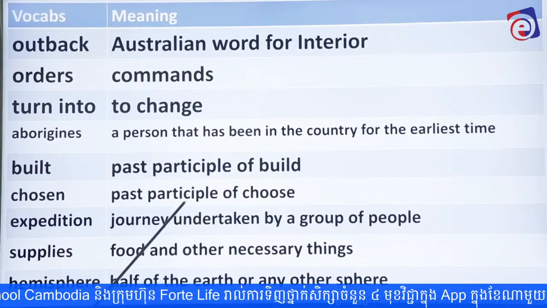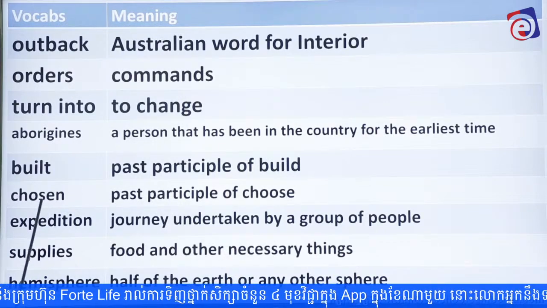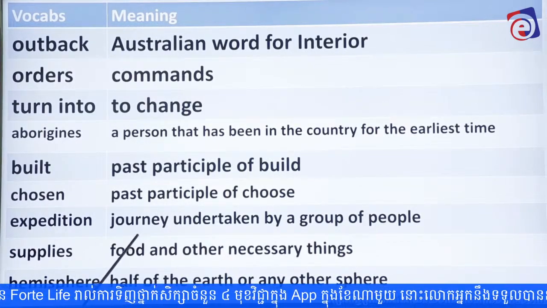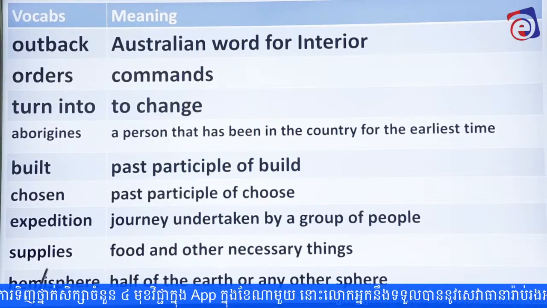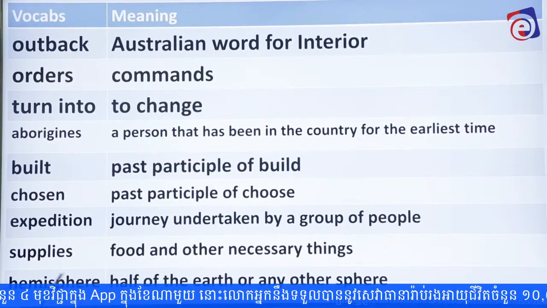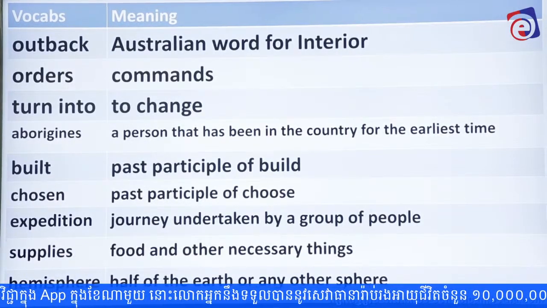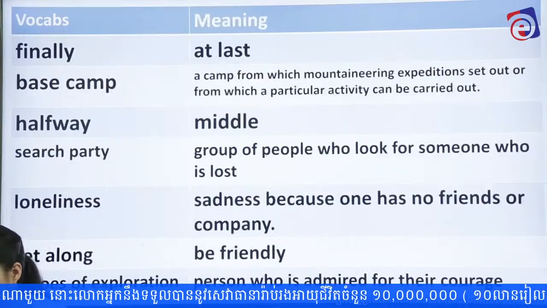Chosen, past participle of choose. Expedition, journey undertaken by a group of people. Supplies, food and other necessary things. We call it supplies. Hemisphere, half of the earth or any other sphere. Okay, we have more.